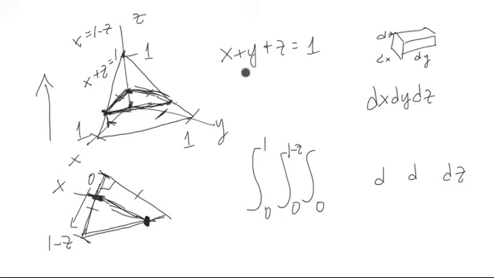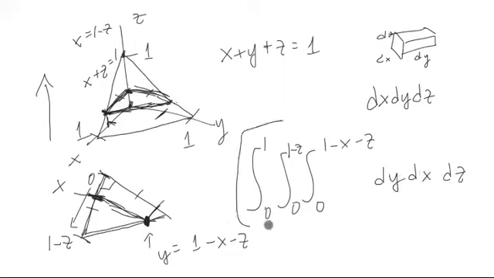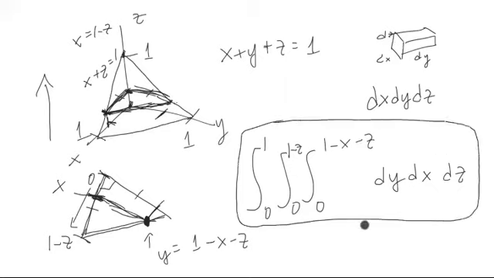And so we can solve for y, and we'll figure out what that particular y value is in terms of x and z. So we solve for y, and we get y is equal to 1 minus x minus z. So that was x and that was y. And now we have successfully come up with the triple integral that will tell us the volume of this object, which we described in space.